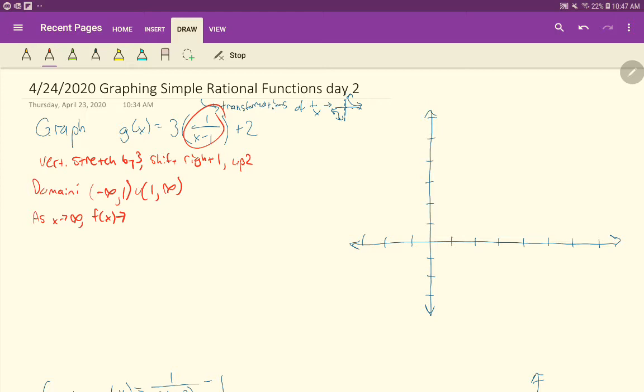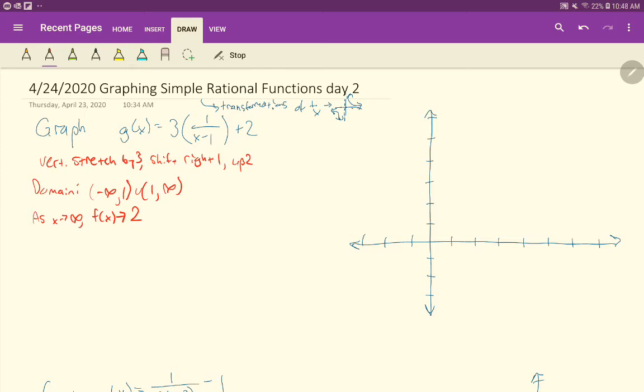When you take 1 and divide it by a ginormous number, it gets closer and closer to 0. Then multiplying this value, which is essentially 0, times 3 gives 0 as well. Then you add 2, and 0 plus 2 is 2. So we're approaching 2.